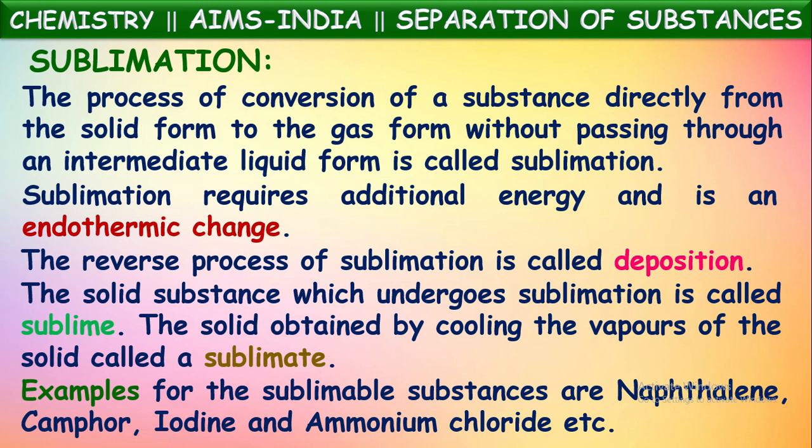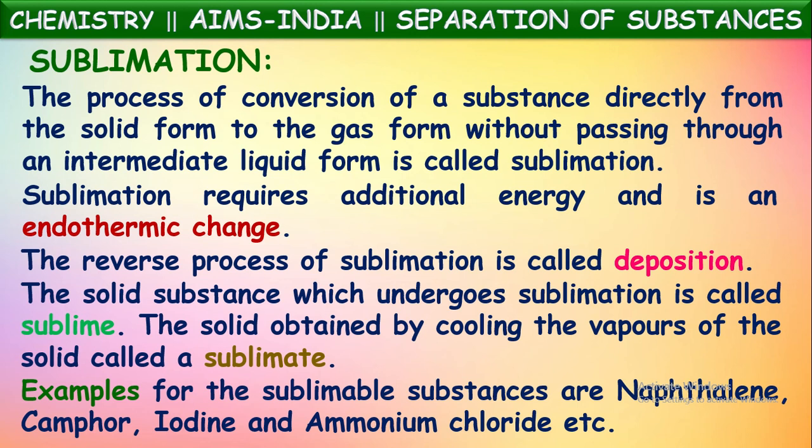Examples of sublimable substances, which can convert directly into gaseous state from solid state on heating, are naphthalene, camphor, iodine, ammonium chloride, etc. These all are solids, and on heating they directly convert into gaseous form.